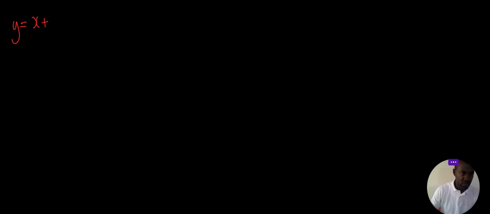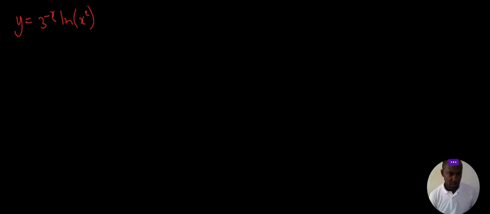Erase this. So this time it is y equals 3 to the minus x times the natural log of x squared. So here we have y equals 3 to the minus x times the natural log of x squared. Now, this first part, of course, is of the form y equals uv, which means that we're going to have to apply the product rule.